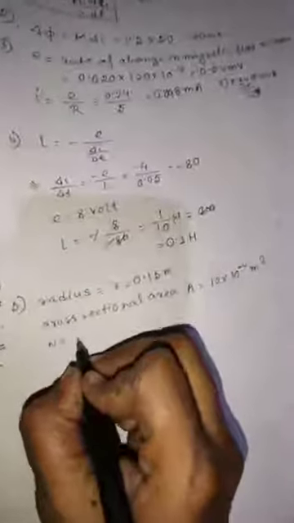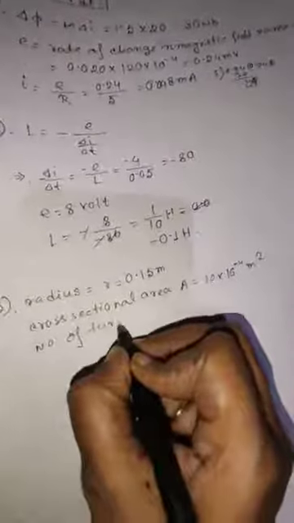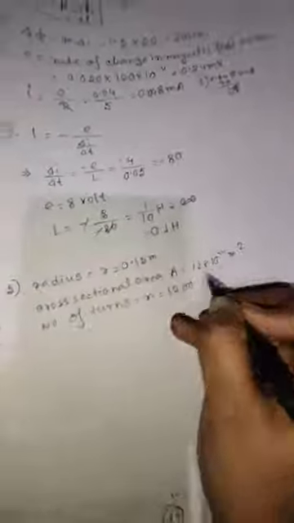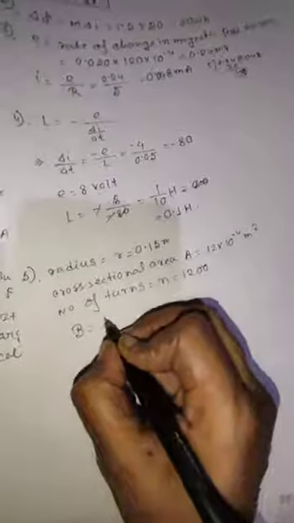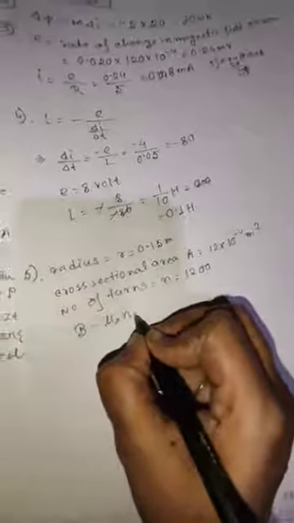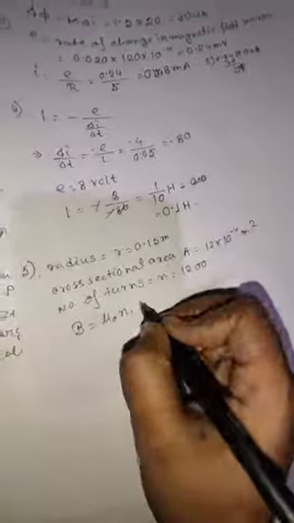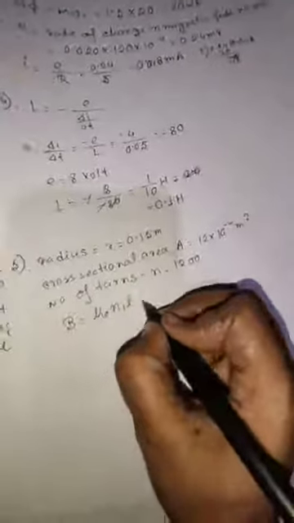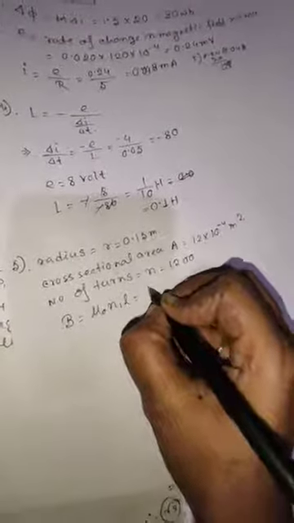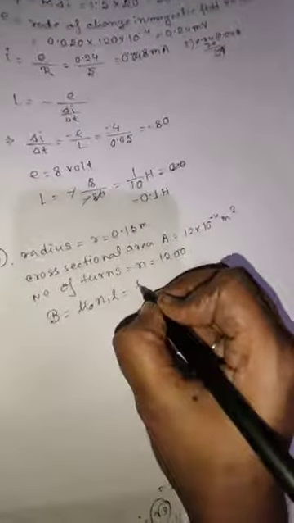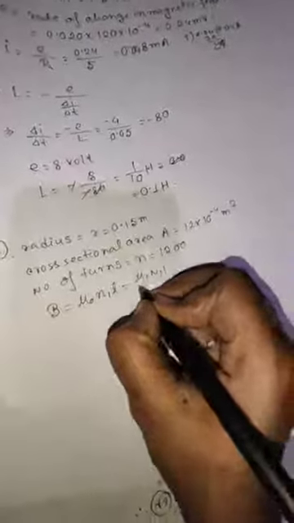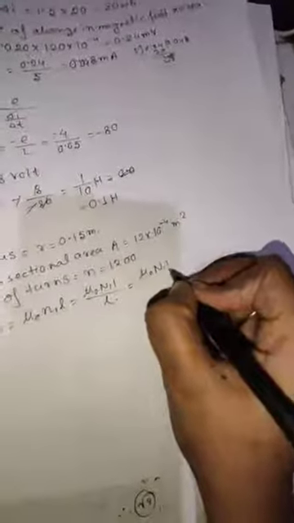Number of turns, that is N, equal to 1200. Okay. So magnetic field B is given as mu 0 N I by L, so basically mu 0 N I by L.